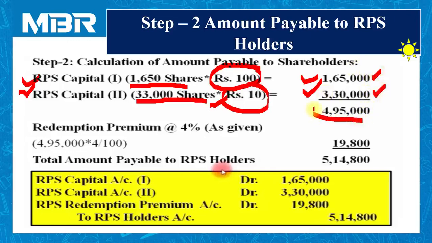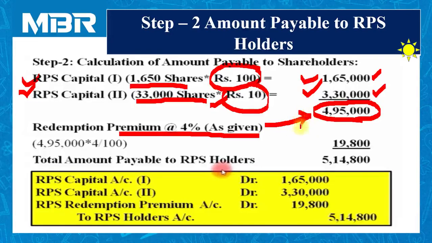Total amount of RPS capital required by the company is rupees 4,95,000. Now check or recall the additional information part of your question. As per the additional information given to us, we have to redeem both types of RPS at 4% premium. So very simple, we have to pay 4% additional amount to the holders of RPS.